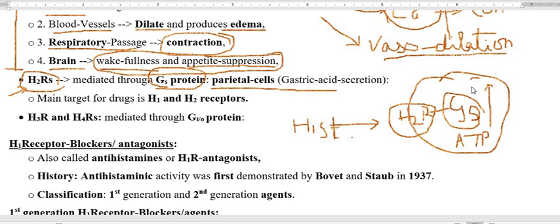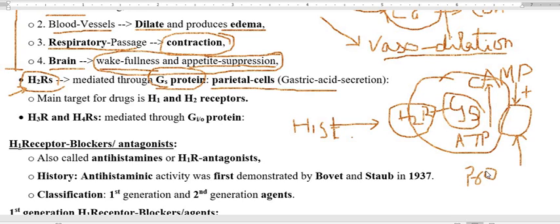So this cyclic AMP level gets raised intracellularly, in the parietal cell, and this raised level of cyclic AMP in the parietal cell is going to have a positive effect on the proton pump. High concentration of cyclic AMP is inducing the proton pump. So what is the meaning of proton pump?